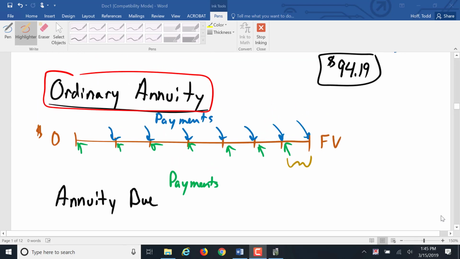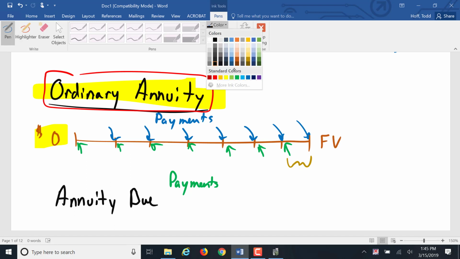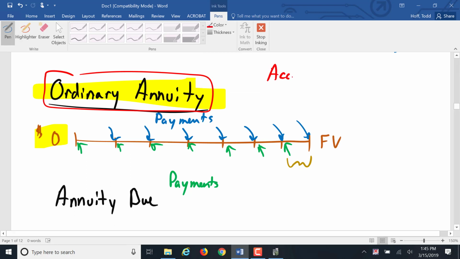In our previous videos, all of the calculations we've done have been on something called an ordinary annuity. We're doing the accumulation phase of that ordinary annuity, starting at zero balance, and we're working up to some future value at the end of the annuity.